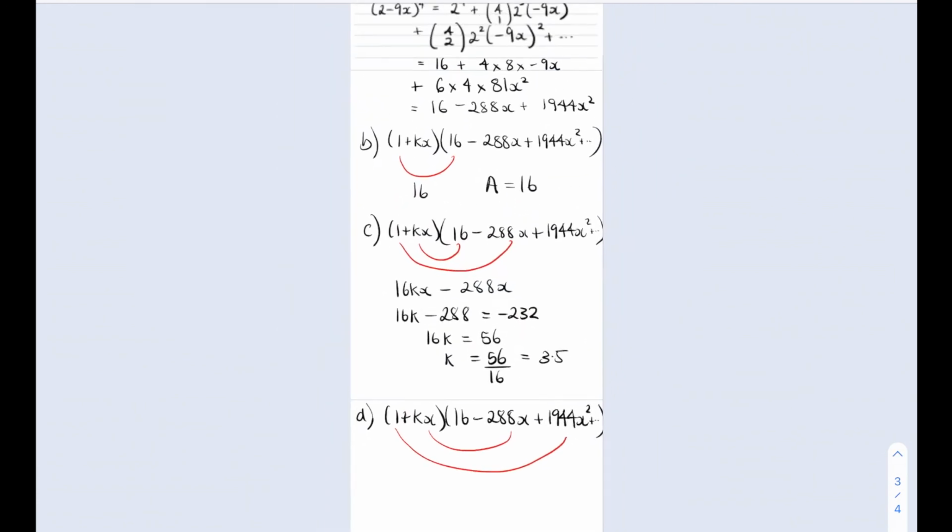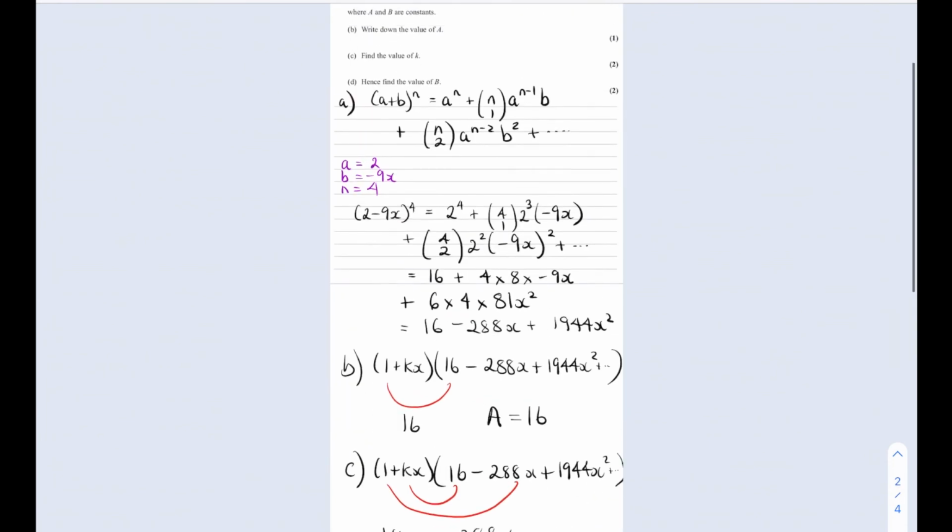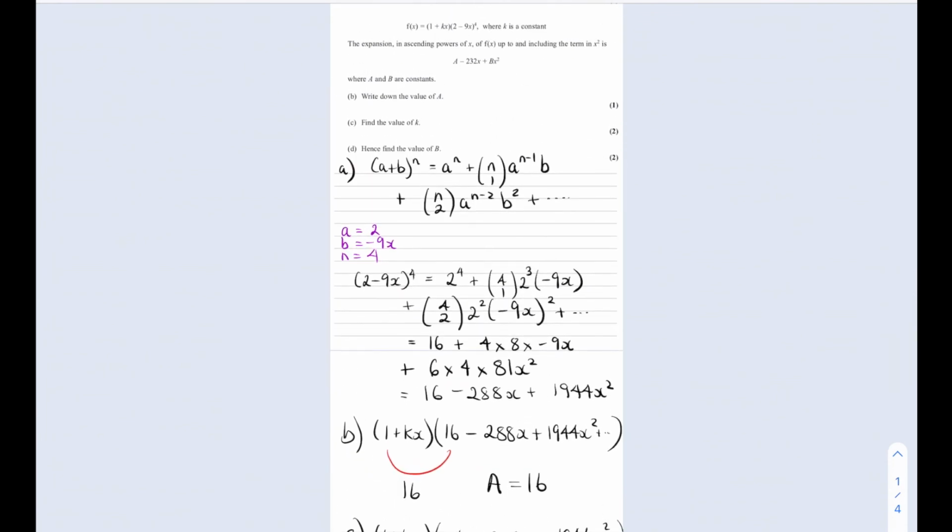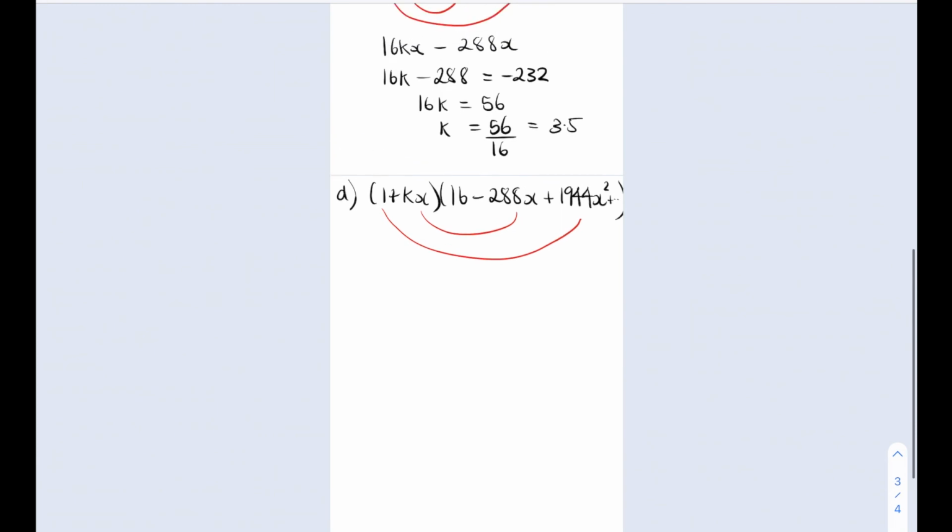So B is just the coefficient of x squared, and we can use the k value from part C. So this is minus 288 k, lots of x squared, plus 1944 should be equal to b. Substituting k equals 3.5, what we should find is that b has the value 936.